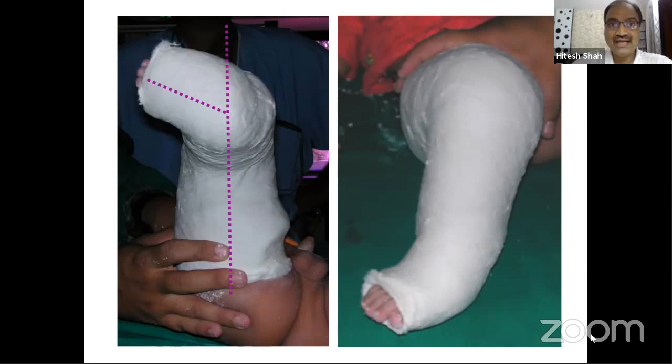Manipulation would be followed by casting, and casting should be done to maintain the correction. The soft tissue stretch done by the manipulation would be maintained by the plaster. Whenever we use the plaster technique, our hand should not be giving pressure on the head of talus.